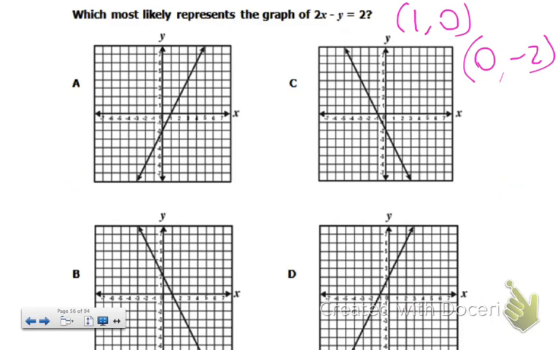Okay, so that's only going to work with A. What we can also do is put it in slope-intercept form. So if I want to add y and then subtract 2, I get y equals 2x minus 2. So it has to cross the y-axis at negative 2, which is only true of A and C, but then it has to have a positive slope of 2.